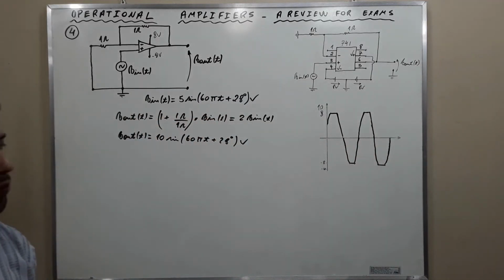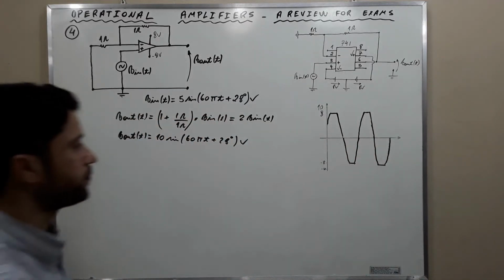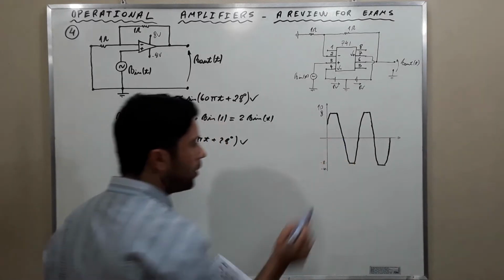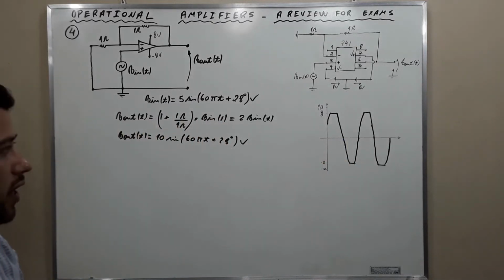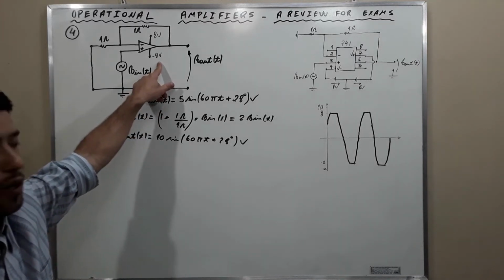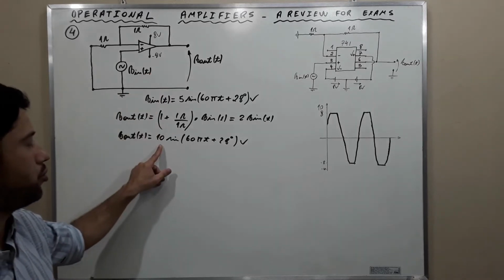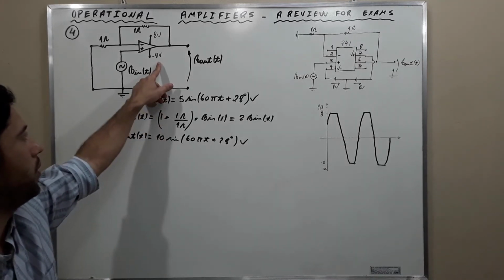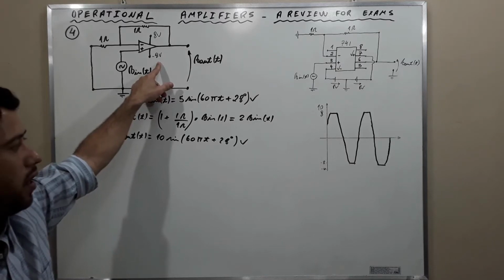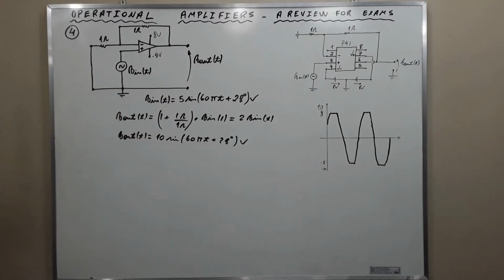Okay, the output waveform is this. It is not a perfect sinusoid because we are limited by the DC power supplies. We are not going to reach 10. We are going to be limited by the 8 volt power supplies. Okay? Observe that the maximum output voltage supplied by the sources is 8 volts in magnitude.